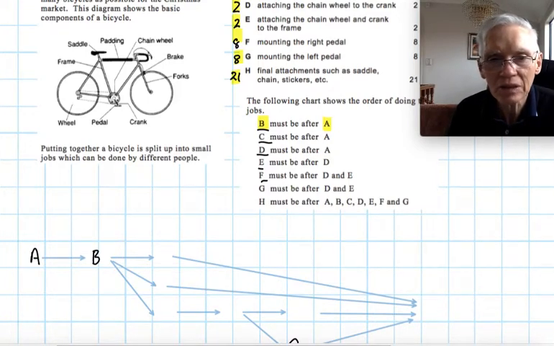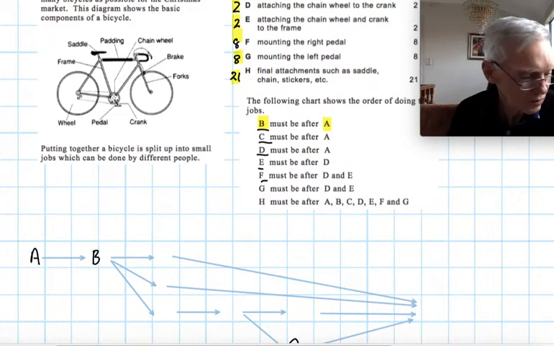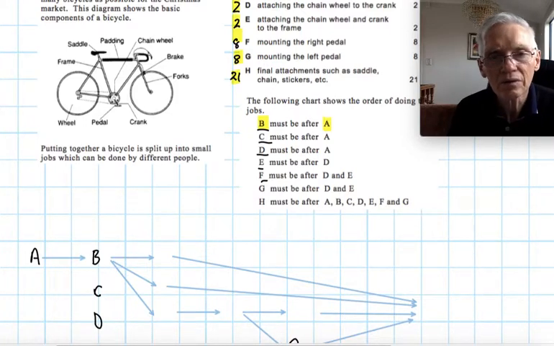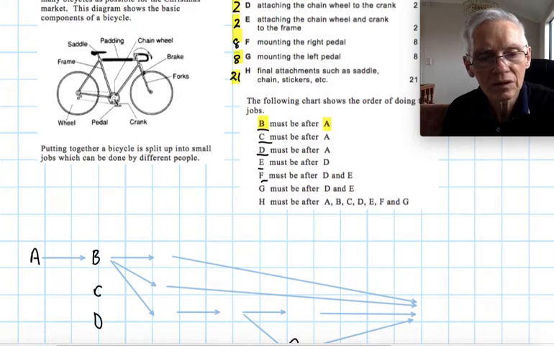C must also be after A. So I have to have C after A and then D after A. Oh, hold on, I've got all that wrong. I've got it correct.